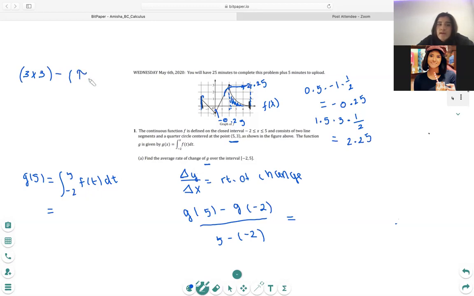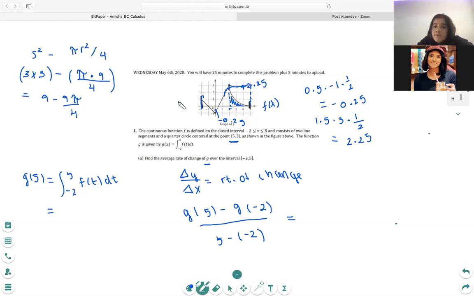So pi times a radius of 3 squared, so pi times 9 divided by 4, right? And so if we do this, we get 9 minus 9 pi over 4.